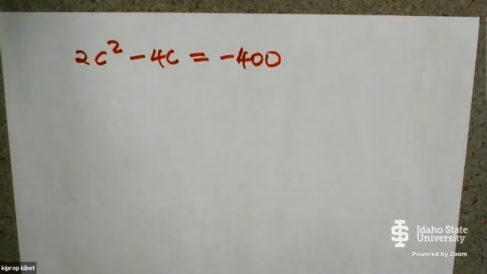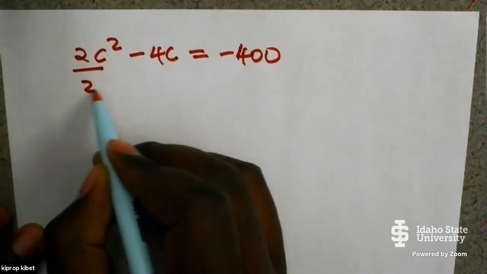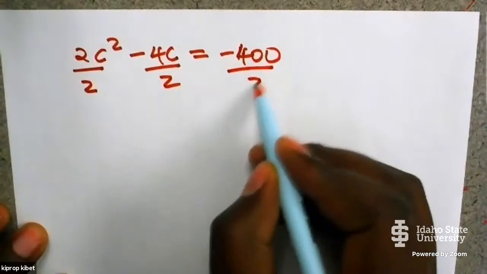Make sure the coefficient of x squared or c squared, or the coefficient of the highest order, you divide by that value, so it should be 1. So you divide by 2 everywhere.